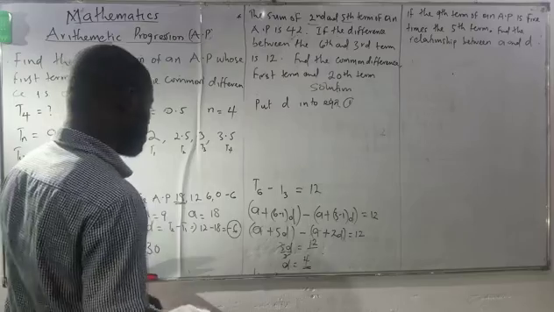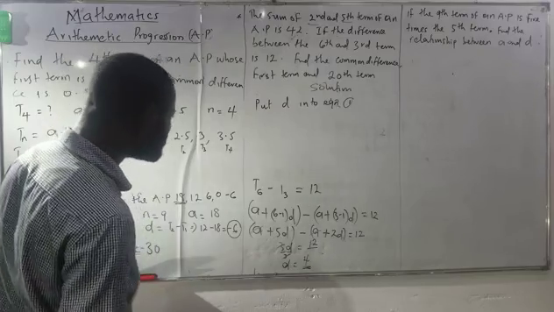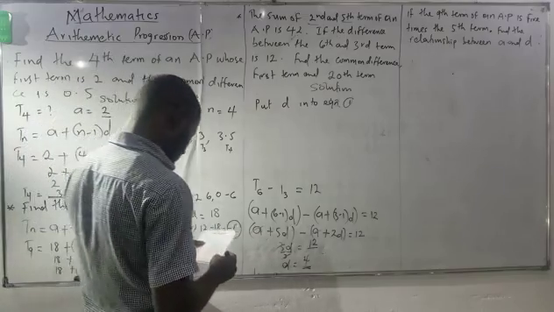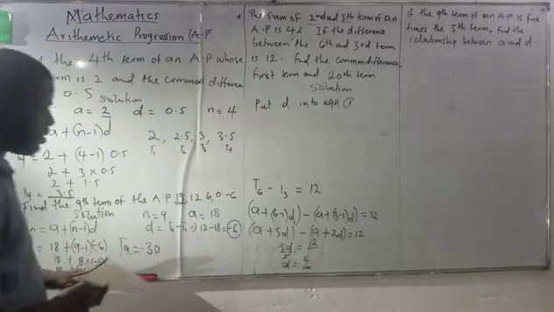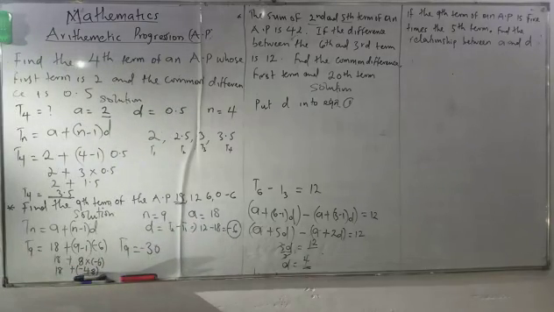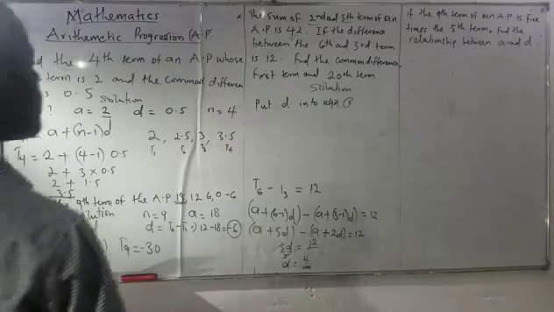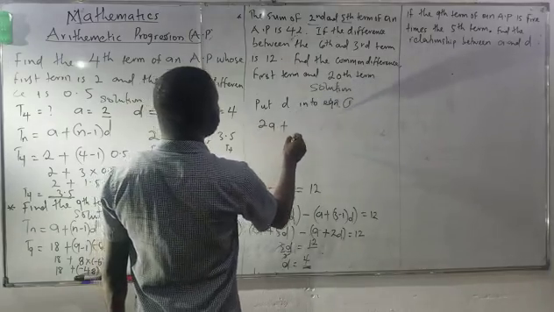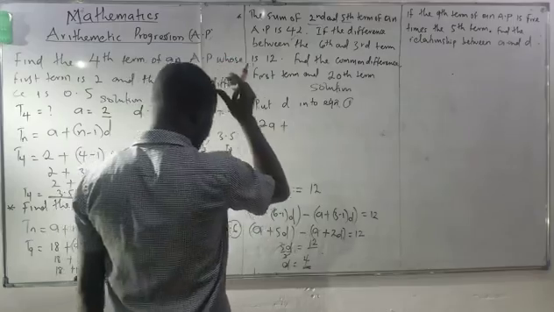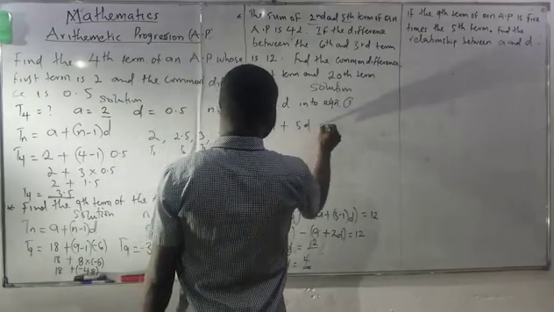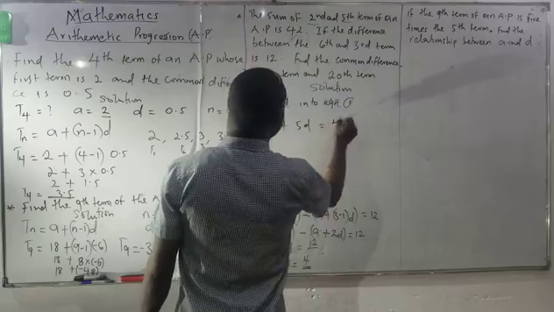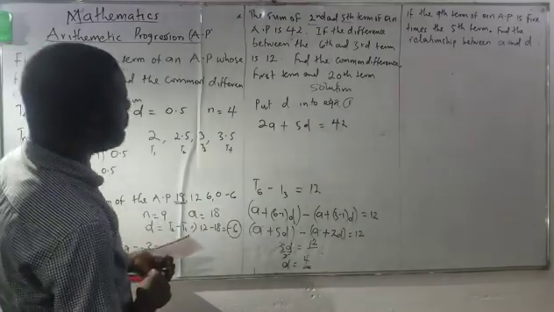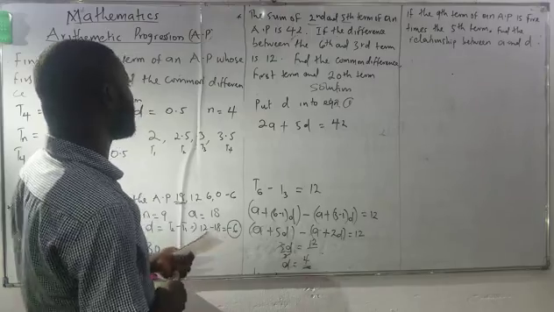Equation 1 says that T2 plus T5 equals 42, that is 2A plus 5D equals 42.